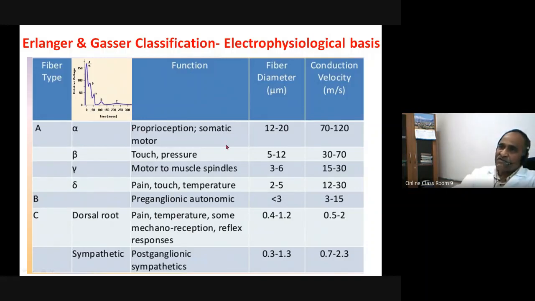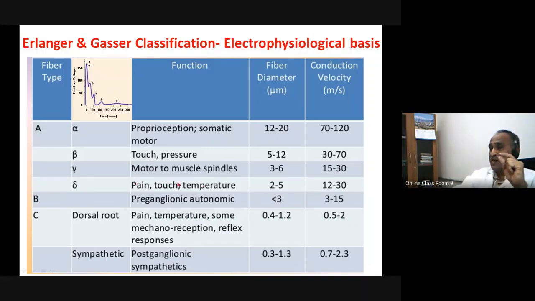And here I have given the functions: proprioception, somatic, motor, the muscle spindles or whatever. So these are alpha, the motor nerves supplying all the extrafusal fibers. The touch pressure or A beta fibers. Then motor to the muscle spindles, the gamma motor neurons. A delta thinly myelinated fibers carry the pain, crude touch, thermal sensation.